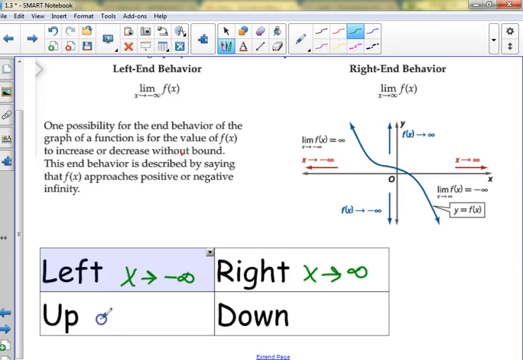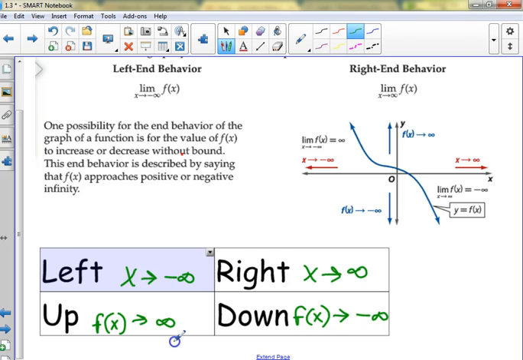What is up? When the graph points up, we're saying what? The y value is approaching infinity. Okay? And down would be the y value approaches negative infinity.